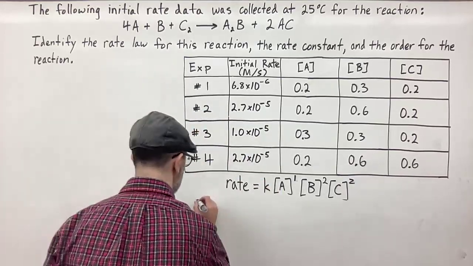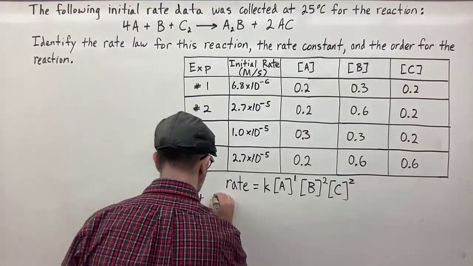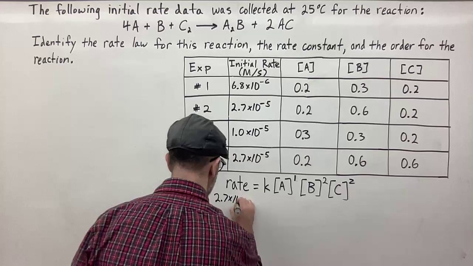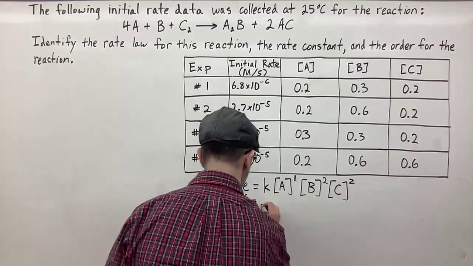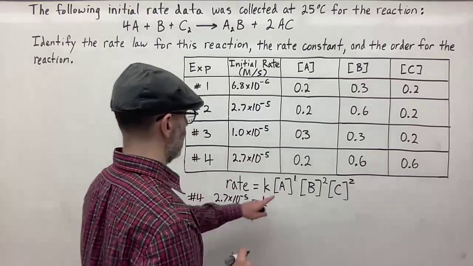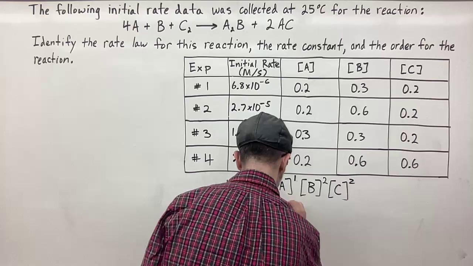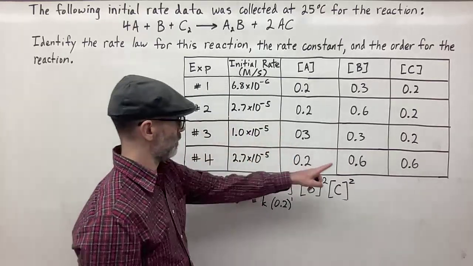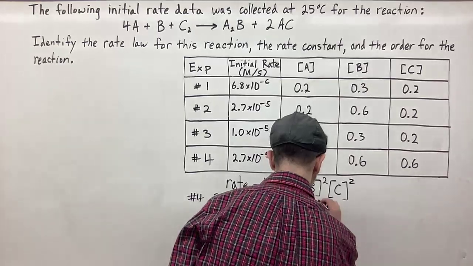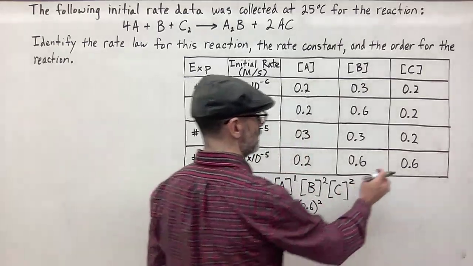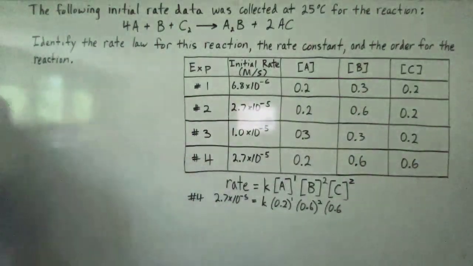So number 4, the rate is 2.7 times 10 to the negative 5 equal to K times A. So A is 0.2, 0.2 to the 1 power times B, which is 0.6, 0.6 to the second power, and then C is 0.6.